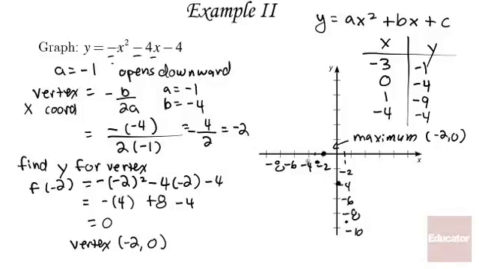And when x is negative 4, y is negative 4. So as expected, this is curving, it's facing downward. And again, I found this graph by finding the x coordinate for the vertex, then the corresponding y value, and then graphing some other points around the vertex. And you could use reflection to find another point over on this left side. Okay.